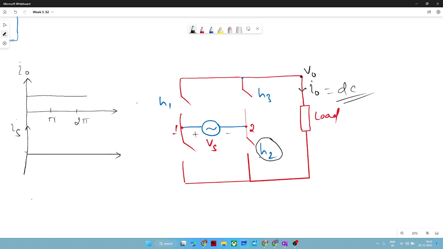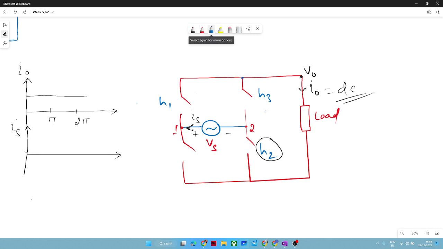So when H1 and H2 were conducting, your current was going in this direction, in this manner. It was going to the load and all the way through H2 back to the supply. So I am considering this as positive Is.